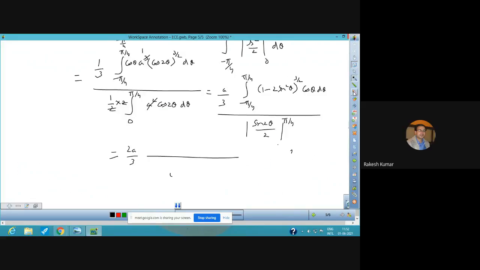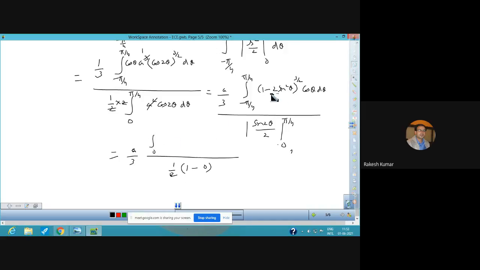Now this comes out to be, also remove this 2. Now this is a by 3. In the denominator, 1 by 2 can be taken common. Now the lower limit is 0. So that is sine pi by 2 comes out to be 1 and sine 0 is 0. And in the numerator, we shall have 0 to.